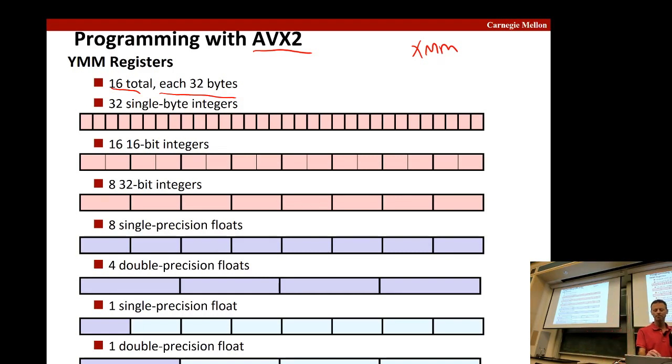Now, if you remember, the thing we said about them is that you can treat them as a bunch of smaller registers and then apply data parallel vector operations on them. You can, for instance, view them as consisting of 8 32-bit integers, and then if I apply one of these SIMD operations on them, I can do 8 things in parallel. Or I can do 8 single precision floats. Or if I want double precision, I can do up to 4 in parallel and so forth.